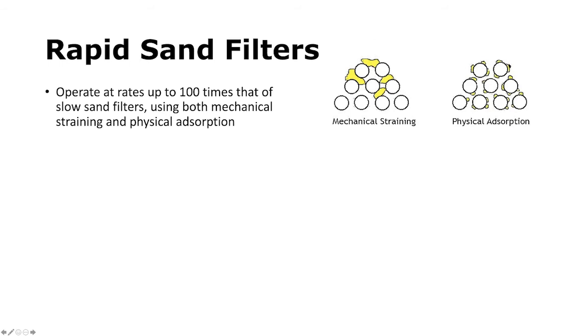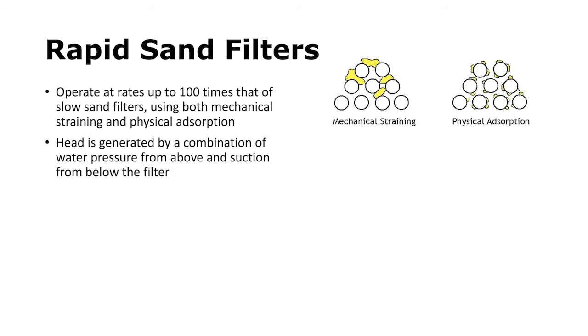Physical adsorption means that the particles are small enough to potentially make it through the pore size. However, the surface properties of the particles are such that they are going to want to adsorb onto the filter media. So particularly with the anthracite and the granular activated carbon, there would be lots of sites where certain contaminants can adsorb onto those particles.